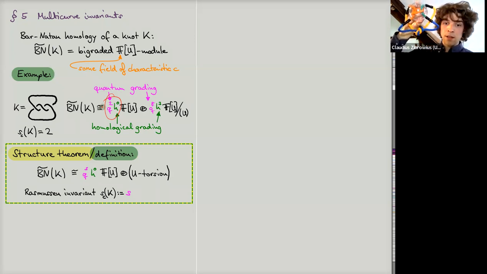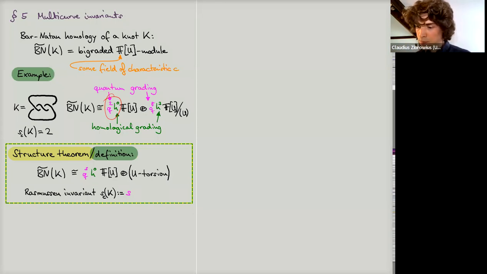We already have the decomposition on the level of our geometric object into two tangles, a pattern tangle and a companion tangle. So what is needed is some kind of relative version of this Bar-Natan homology.